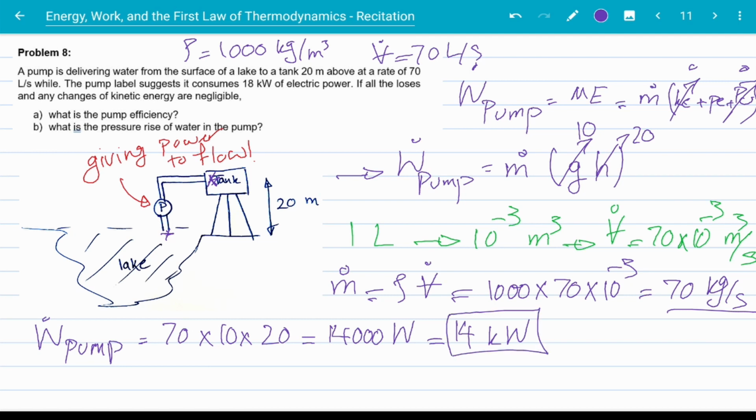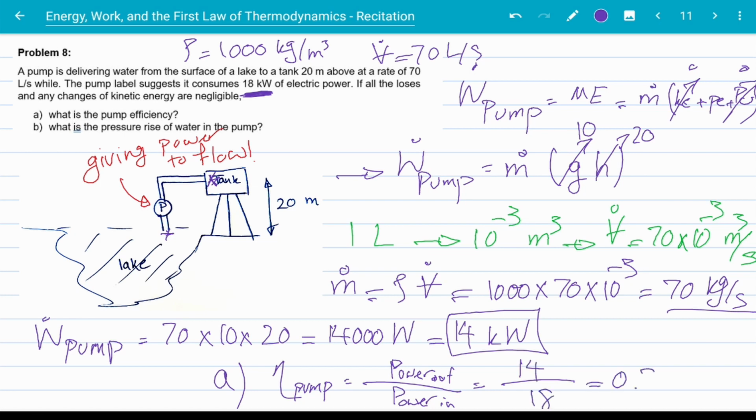Now the label on our pump says it consumes 18 kilowatts of power from the electric grid. Efficiency is the power output over power input, right? So it's 14 kilowatts over 18 kilowatts, which is 0.77. So the efficiency of the pump is actually 77%.